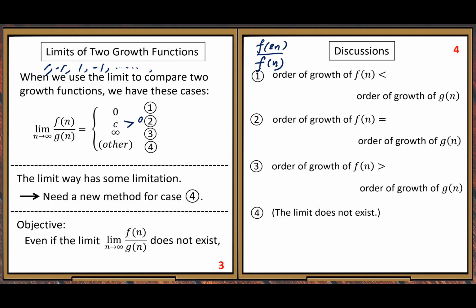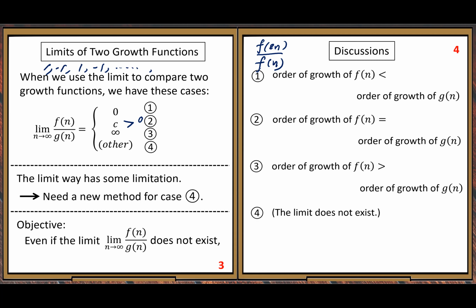Now, for this new method, look at our situation right now. We want to compare order of growth. And we assume the ratio of their limit does not exist.